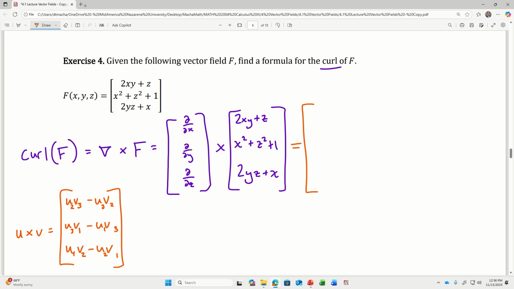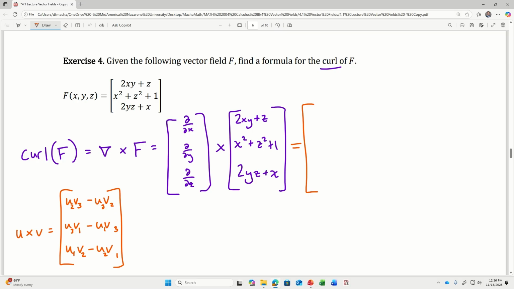It's going to be the partial with respect to y of the third entry in F, right? Because u2 v3, so the partial with respect to y of 2yz plus x.